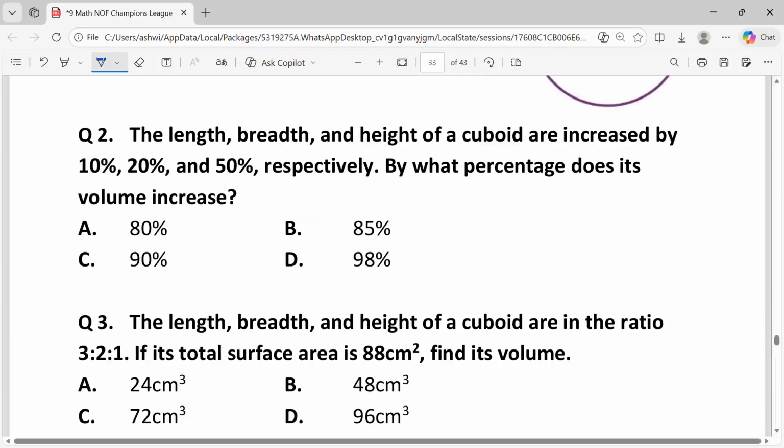Question 2. The length, breadth and height of a cuboid are increased by 10%, 20% and 50% respectively. By what percentage does its volume change?